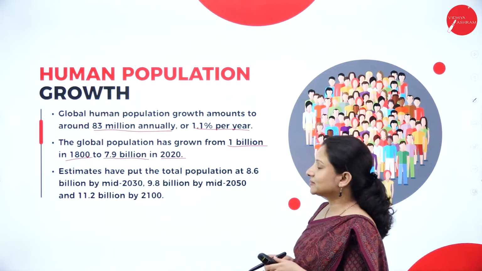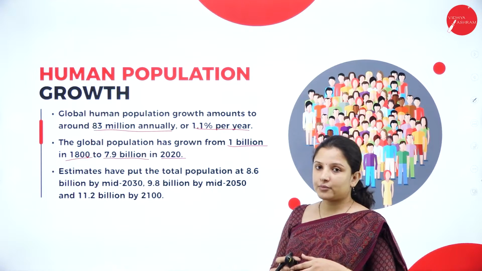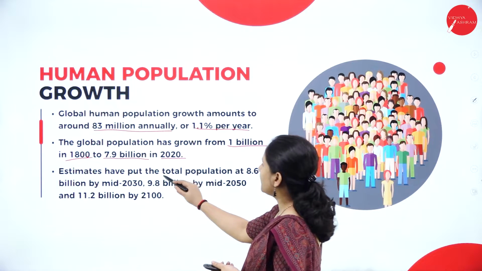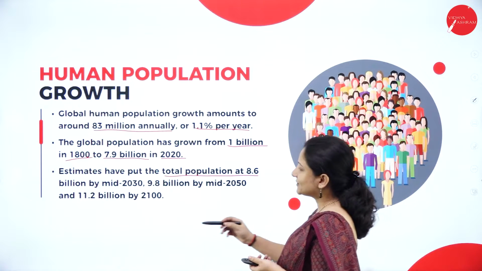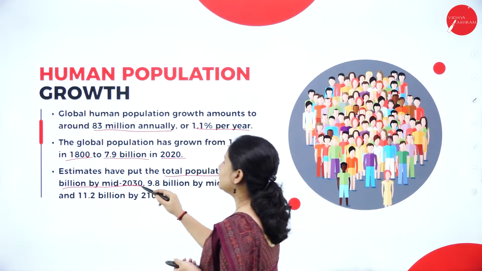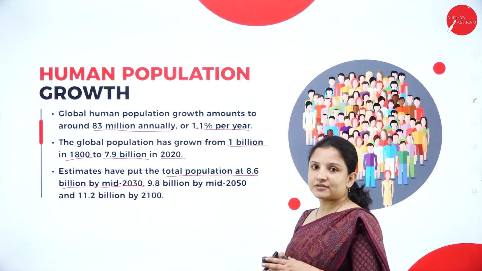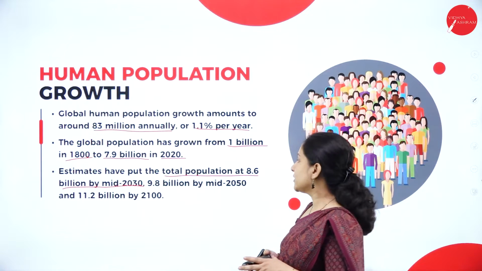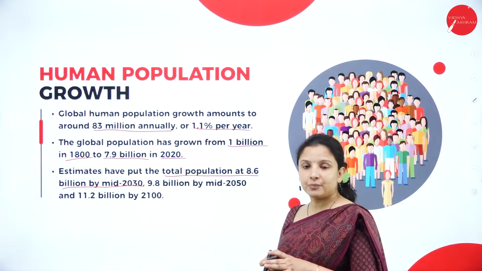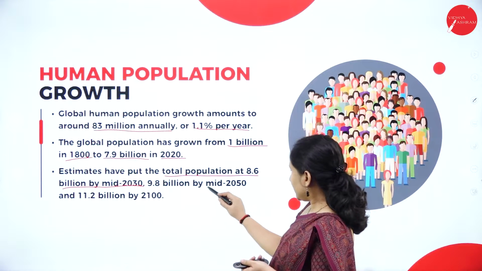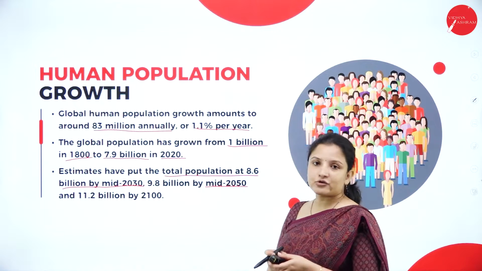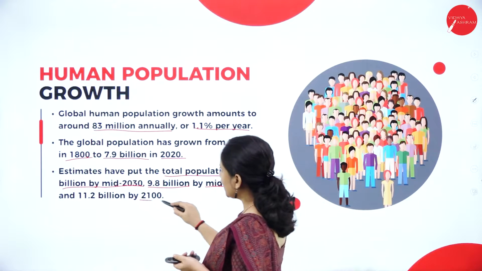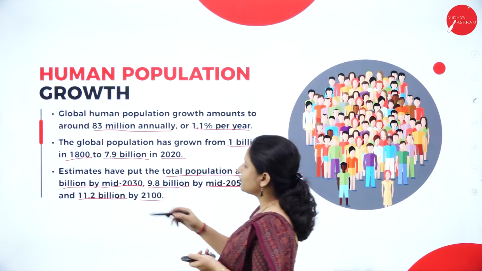And the estimates, from whoever went in for population growth studies, put the total population at 8.6 billion by the middle of 2030. Scientists have said that by the middle of 2030 the world population will be 8.6 billion, by the middle of 2050 it is going to be 9.8 billion, and by 2100 it is going to reach 11.2 billion.